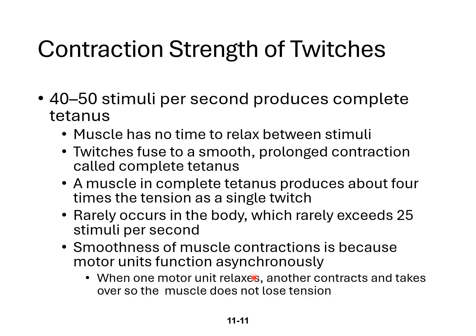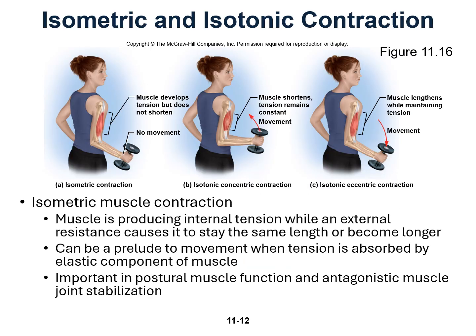But if you have multiple motor units coming in together, this is when you can have that prolonged tension. Also in some exercises, like in Pilates or some types of stretching, you can reach a point where all of those muscle signals come in at the same time and produce that sustained contraction.